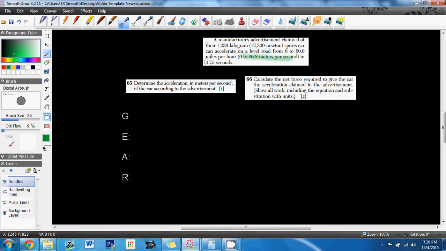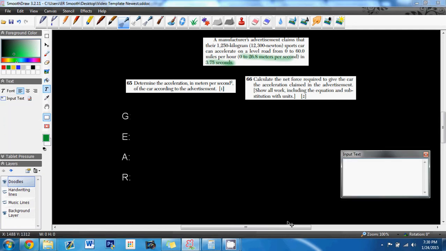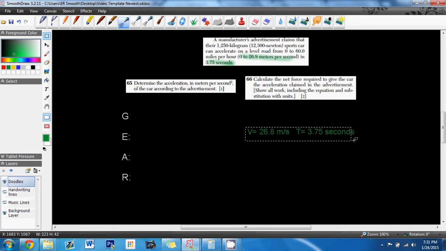And our time is 3.75 seconds. So our given is the velocity, which equals 26.8 meters per second. We also have our time, which is 3.75 seconds. So that's our given.